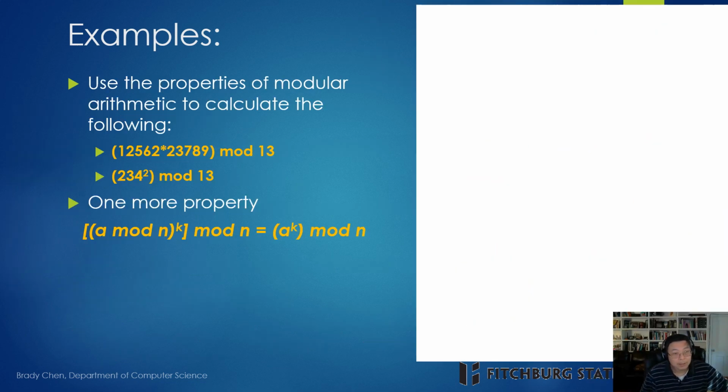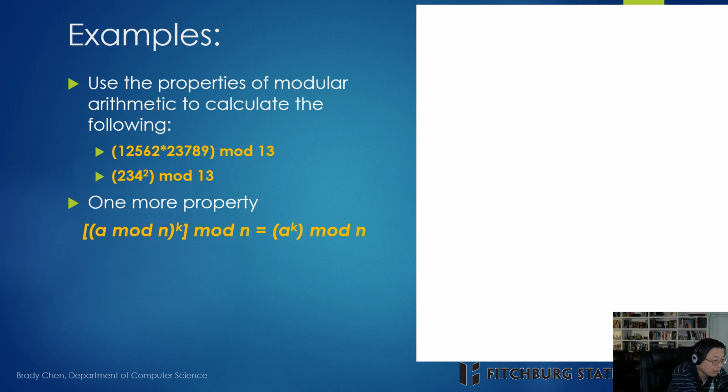Okay, let's check some more examples, and we try to illustrate why these properties are so important and significant. So the first example, we use the properties of modular arithmetic to calculate the following.